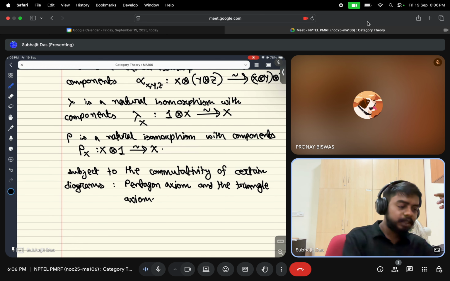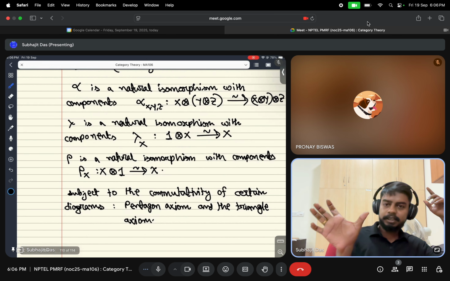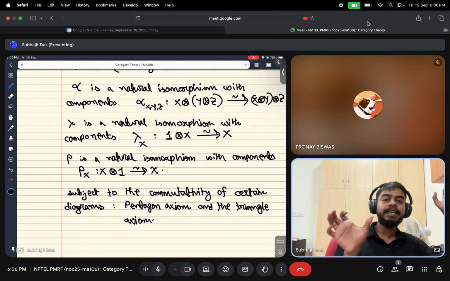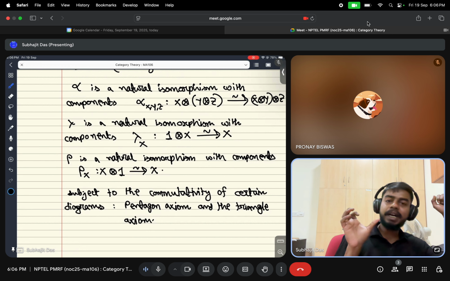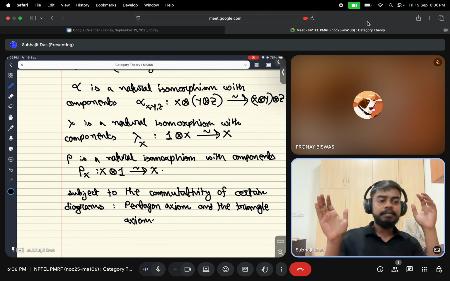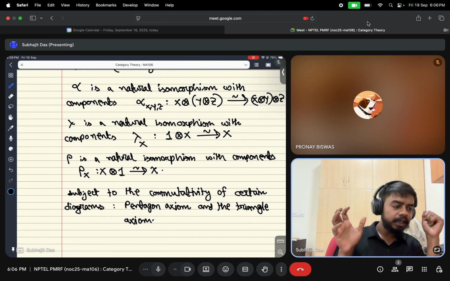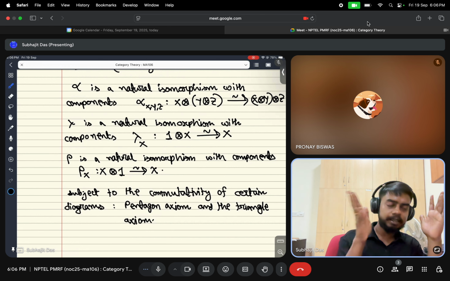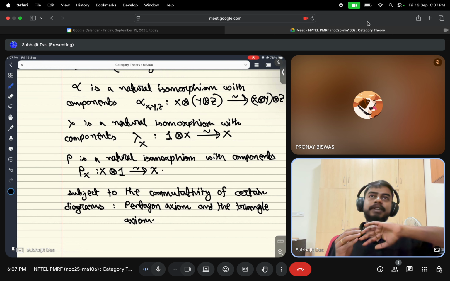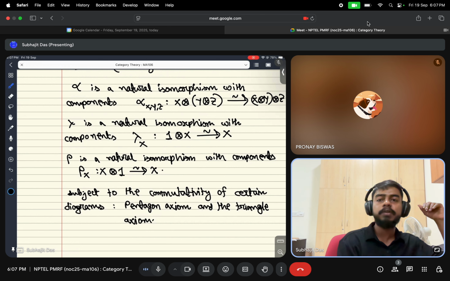So what do this alpha, lambda and rho do? They identify one parenthesized product with another parenthesized product, right? That is what they do. Now suppose you are given two parenthesized products of the same objects in the same order. What you could have is two different isomorphisms built out of them.